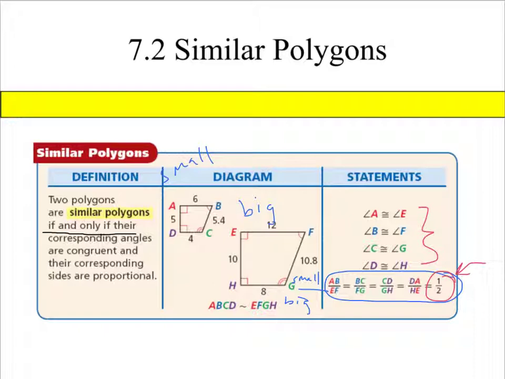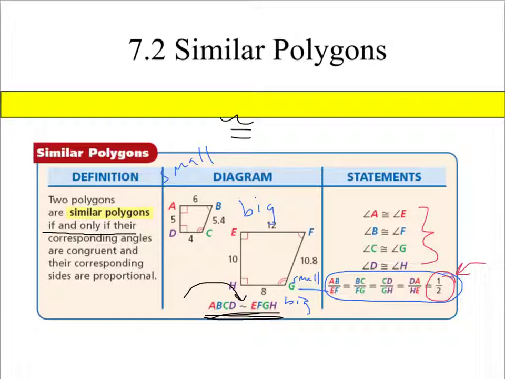And it is written in a similarity statement. This right down here that I underlined is known as a similarity statement. It's a statement that shows similarity. The symbol that you see in between them is known as the similar symbol. If you look at a congruent symbol, here's a congruent symbol.